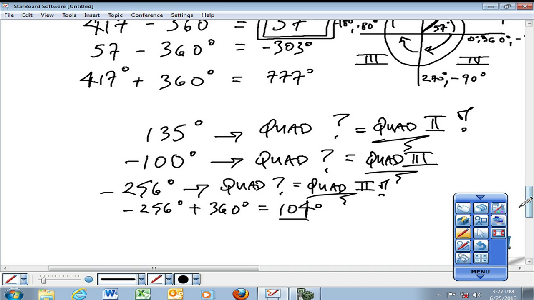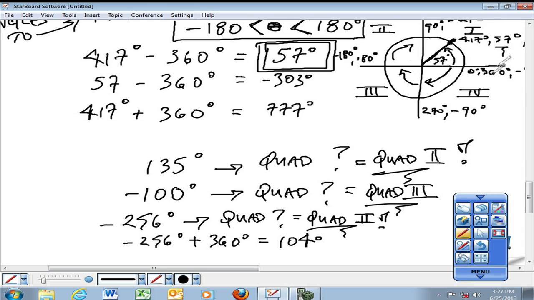So if you want to apply what you learned with equivalent angles, and it's just a revolution away, by all means, add or subtract 360 and nail it. Or look at your complex plane and say, it's quadrant 1, 2, 3, 4. Or recall your positive and negative angles. If it's negative, you go clockwise: negative 90, negative 180, negative 270, back to negative 360.